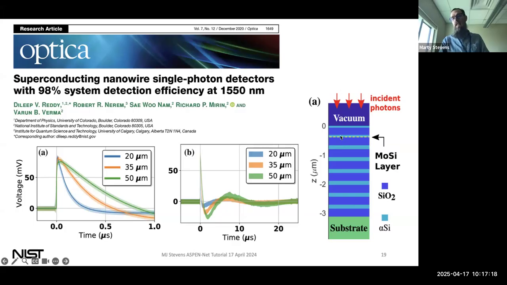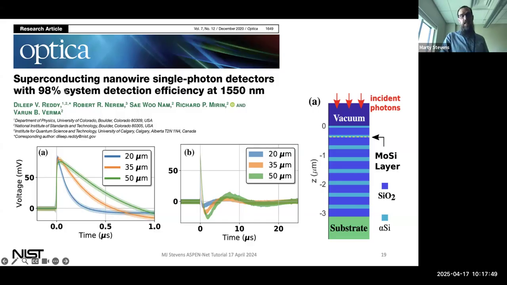There is this superconducting layer here, this meander of wires, and then there are Bragg mirrors above and below the detector, essentially like an anti-reflective coating here and like a mirror down below, and then it's finely tuned to get really high efficiencies. So Dilip demonstrated these devices with 98% efficiency, and it wasn't just one hero device. The paper shows the first 4 devices he tested out of this wafer had very much the same efficiency.